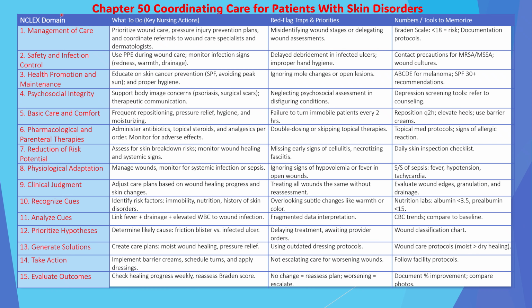You see, we are in NCLEX, my domains, my 15, and I have a few little things like what to do, right? Nursing action, the red flags, priorities, and what kind of tools to memorize.